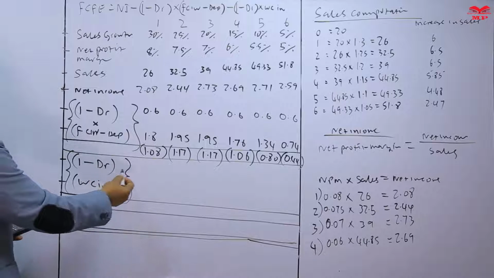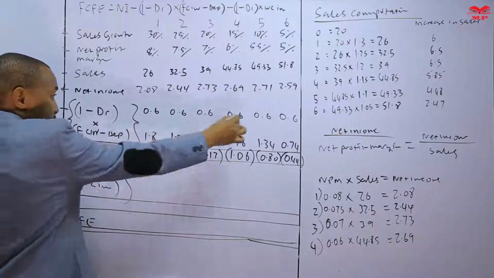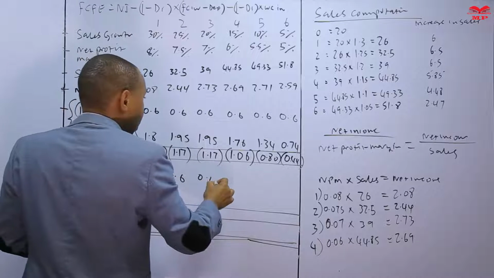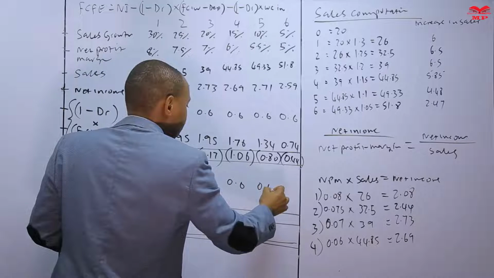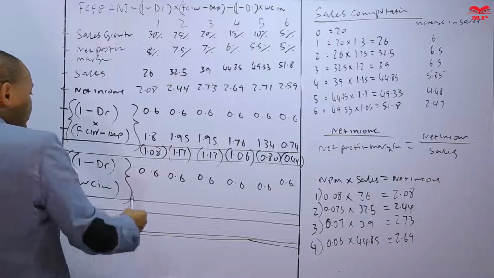The 1 minus debt ratio is the same as this component here. So we put 0.6, 0.6, 0.6, 0.6, like that.